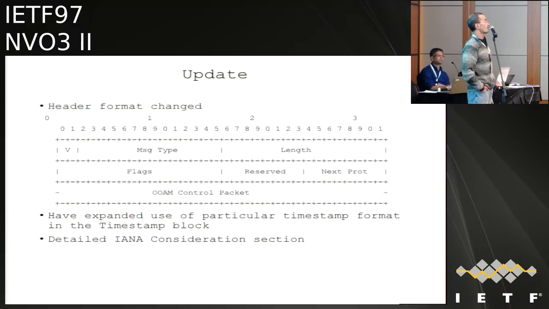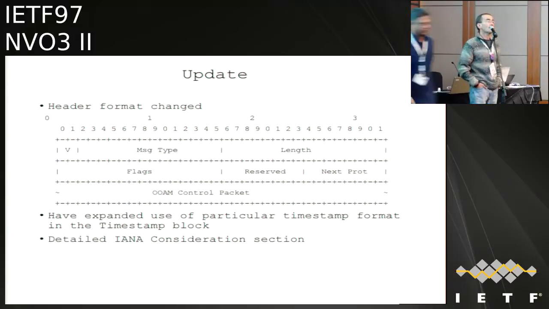Thus you will get the functionality of what's characterized as in situ OAM. So you have OAM, followed by the payload. Or it could be something else. In this way, this header can combine active OAM and in situ OAM functionalities.